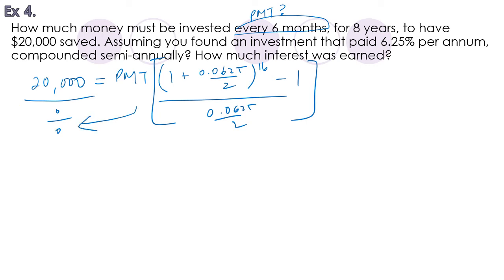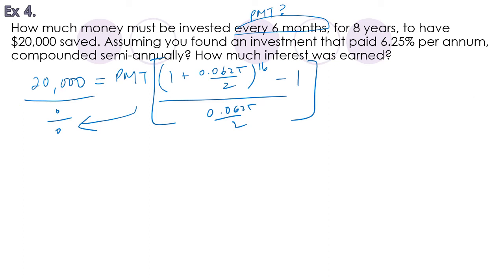So step by step: open bracket, 1 plus 0.0625, divide by 2, close bracket, exponent button, 16, equals, minus 1, equals, divided by open bracket 0.0625 divided by 2 close bracket, equals.